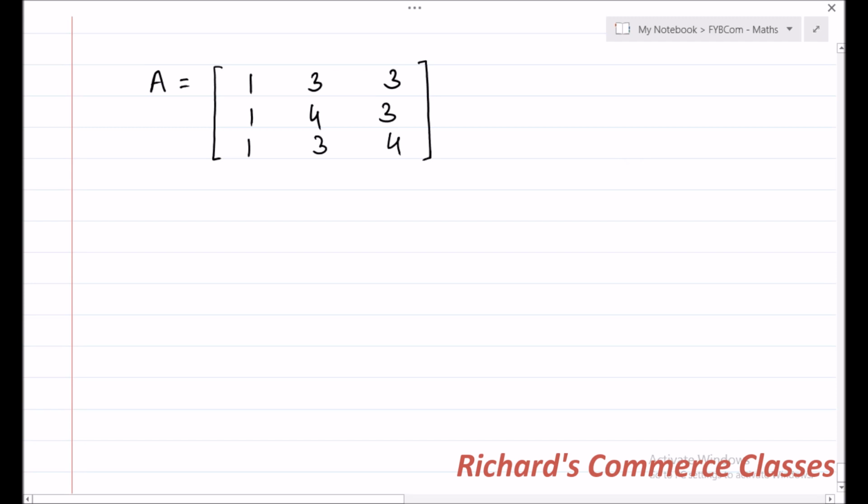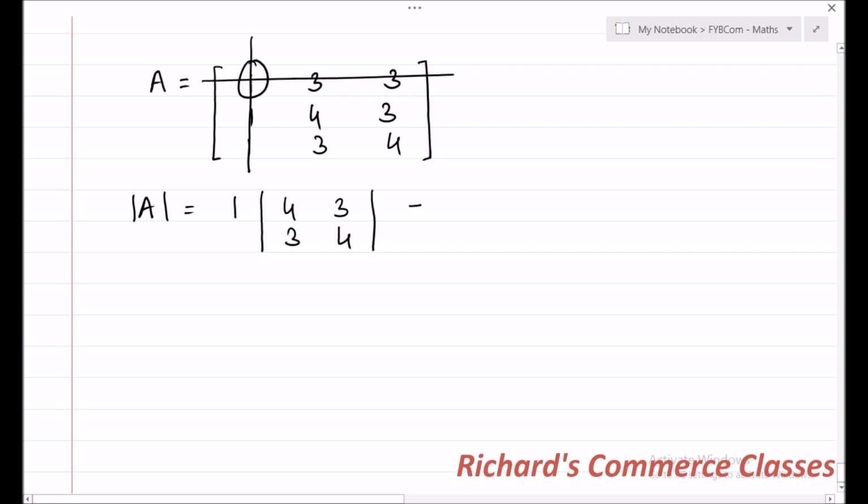Following our steps, step 1 would be to calculate the determinant of A. The determinant of A for a 3 by 3 matrix will be this 1, we write it as it is, 1 into, deleting the row and column, the remaining elements will be 4, 3, 3, 4, minus this 3, you write it as it is, 3.